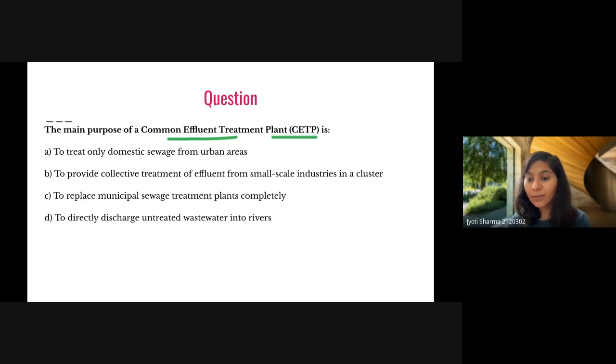Okay, so everyone gave me a B answer. So yes, we can have the wastewater from small scale industries, collect it in a cluster, and then use a common effluent treatment plant to treat all of this water. So that's how B answer is the right one.